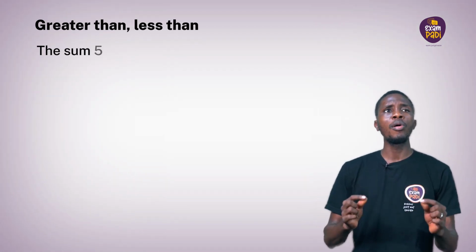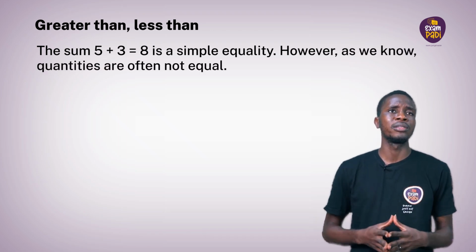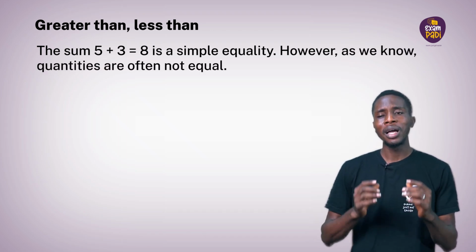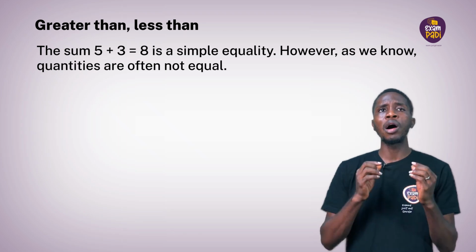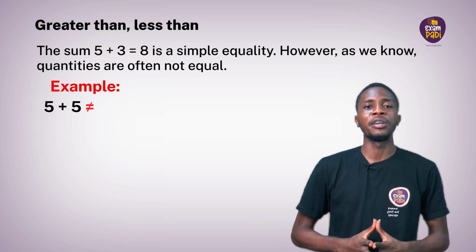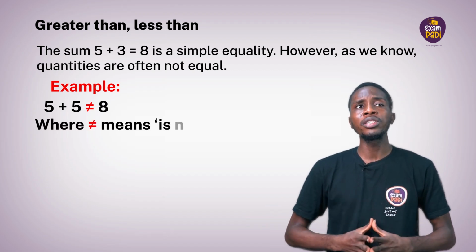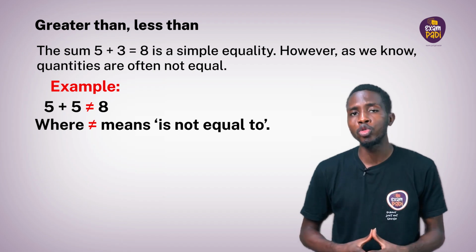Greater than, less than. The sum 5 plus 3 equals 8 is a simple equality. However, as we know, quantities are often not equal. For example, 5 plus 5 doesn't equal 8, where not equal means is not equal to.